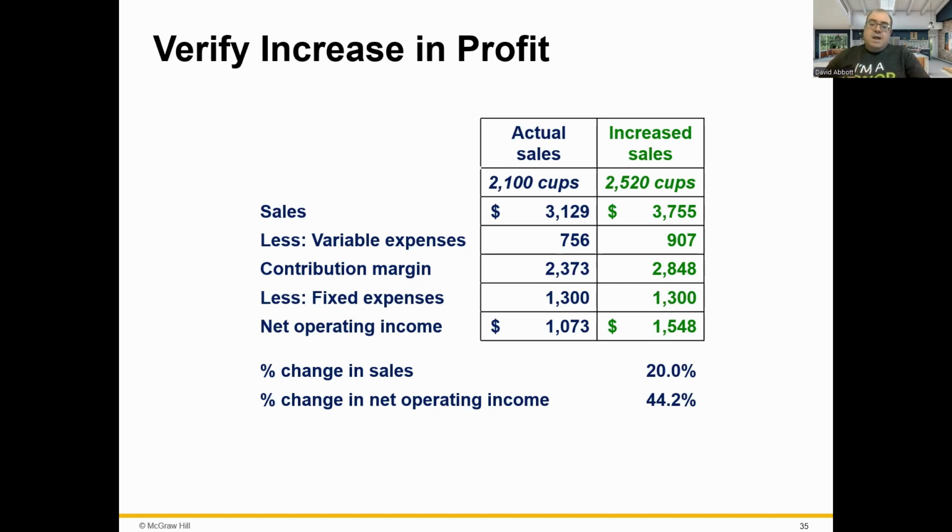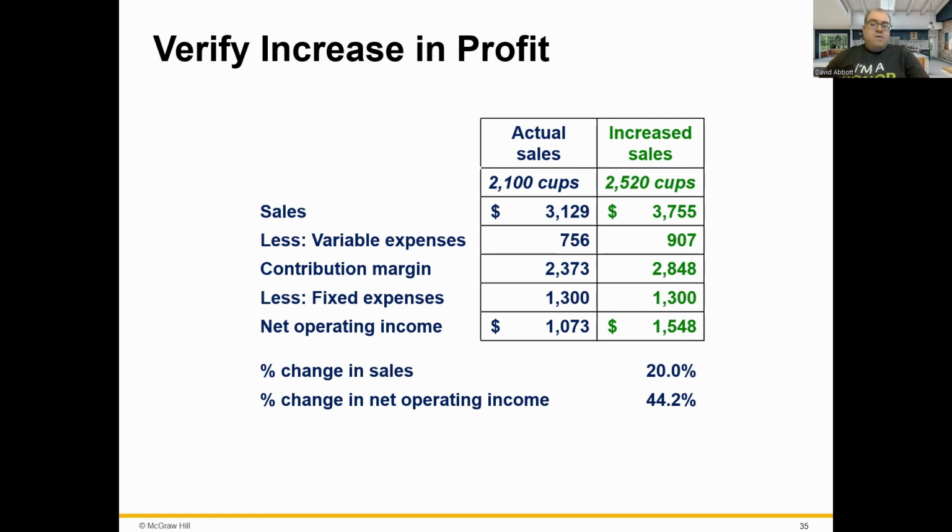So we see then that a 20% change in sales would go from 2,100 cups to 2,520 cups. Our sales would increase from 3,129 a month to 3,755. Our variable expenses would increase from 756 to 907.